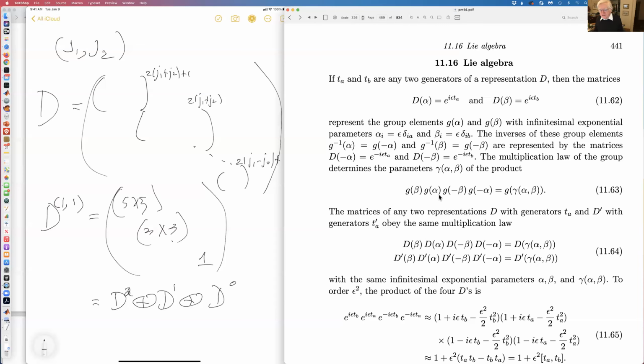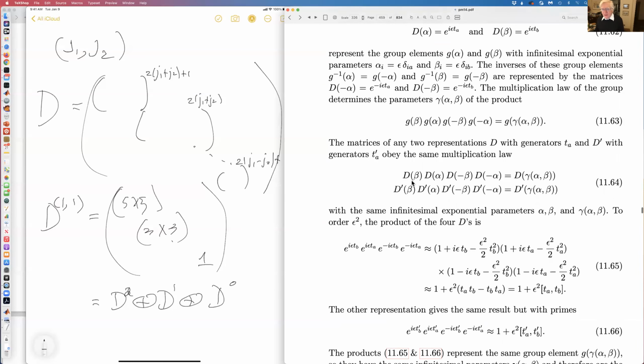And so now if we take this multiplication law, which is we do G of minus alpha, minus beta, alpha, beta, then that is some other group element, and gamma is whatever the parameters are of that group element.